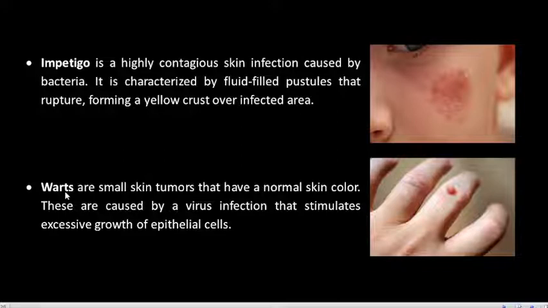Okay. Next, we have warts. These are small skin tumors that have normal skin color. These are caused by virus infection that stimulates excessive growth of epithelial tissue or epithelial cells. Hindi lang natin napansin, but actually yung mga warts, no, especially sa leeg, sa chest, no, in other areas, those are caused by viruses.